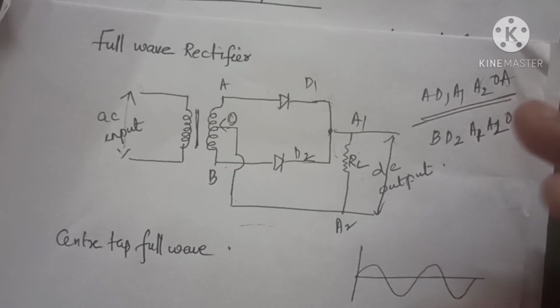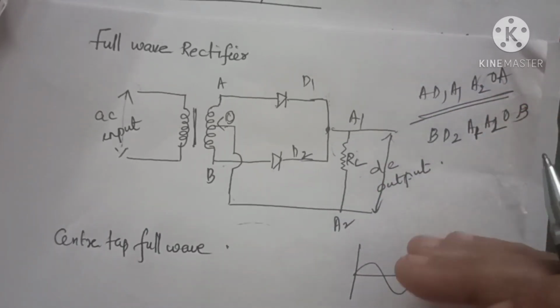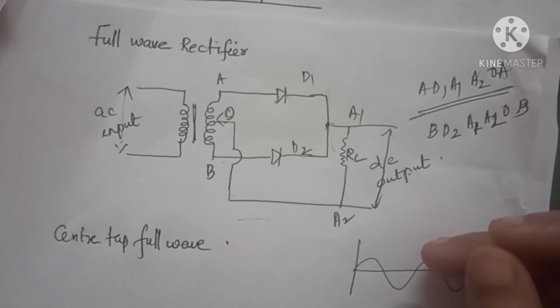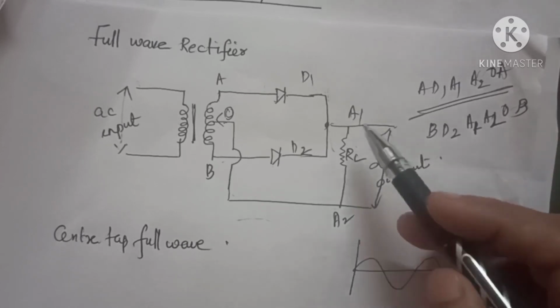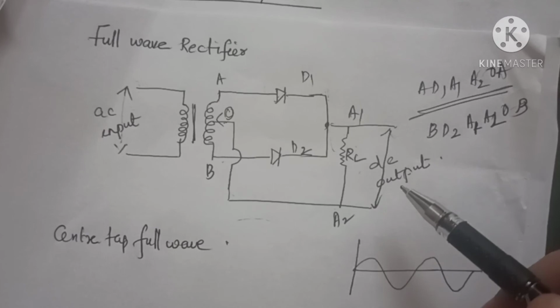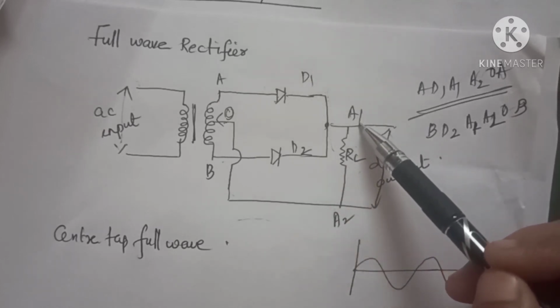So in subsequent half cycles of the AC input, the above process is repeated again and again. In both half cycles of AC, it is clear that the current flows through RL only in one direction, isn't it? That is from A1 to A2.